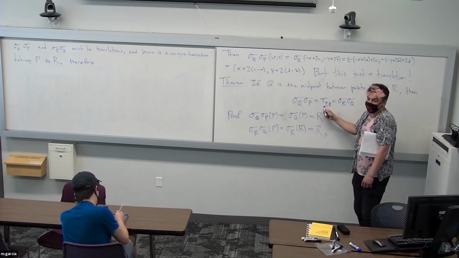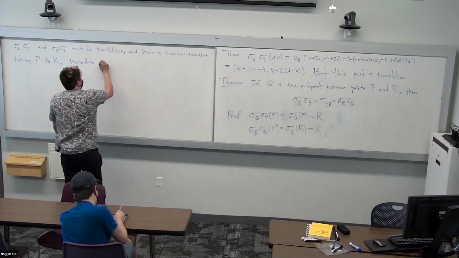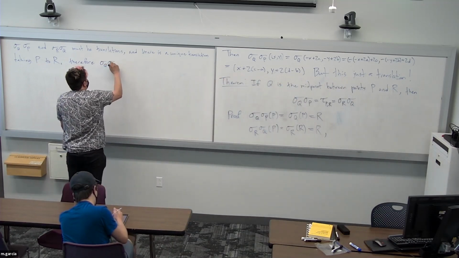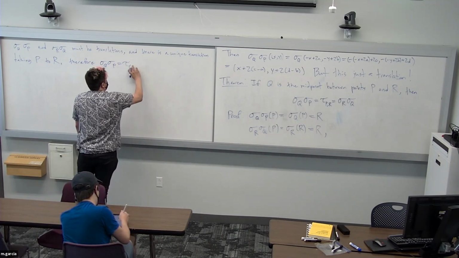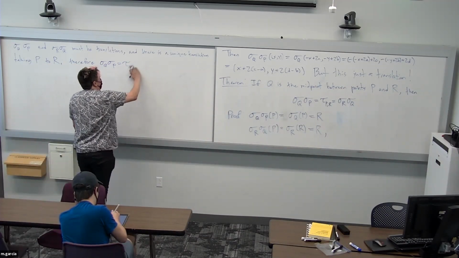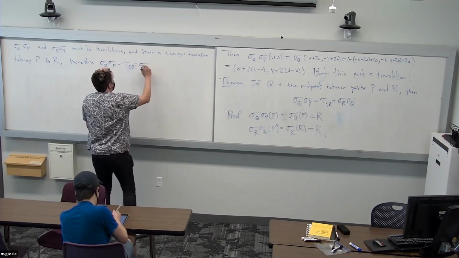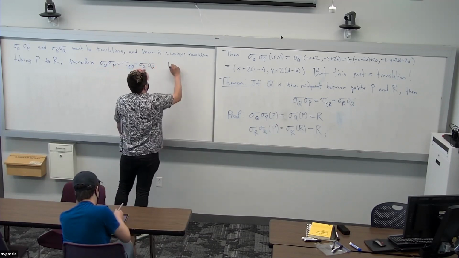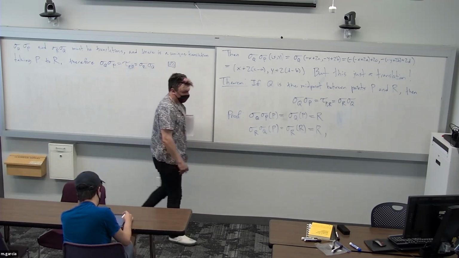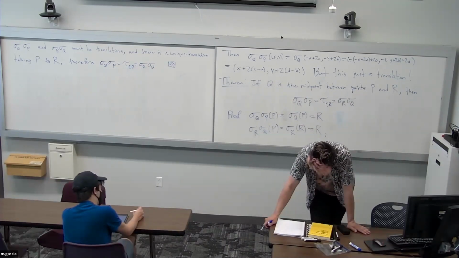And we know this translation takes P to R. Okay? So therefore, we get our equalities. Sigma sub r, sigma sub q. Okay.